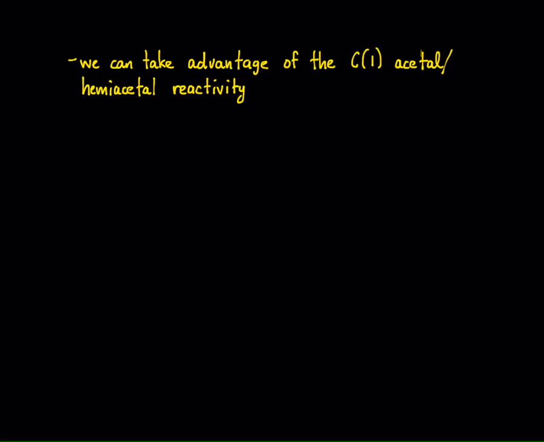Basically, you're going from a hemiacetal to an acetal in that process. Now, how do we take advantage of it? Well, notice, what if I methylated all of them? And I, of course, know how to do that, right? In basic conditions, reacting the carbohydrate with silver oxide and methyl iodide, I can methylate all of them, right?